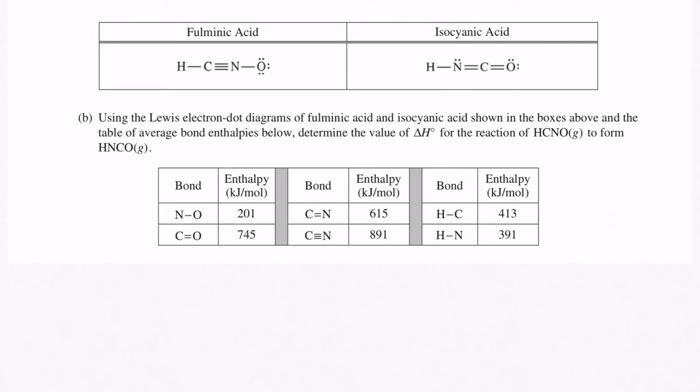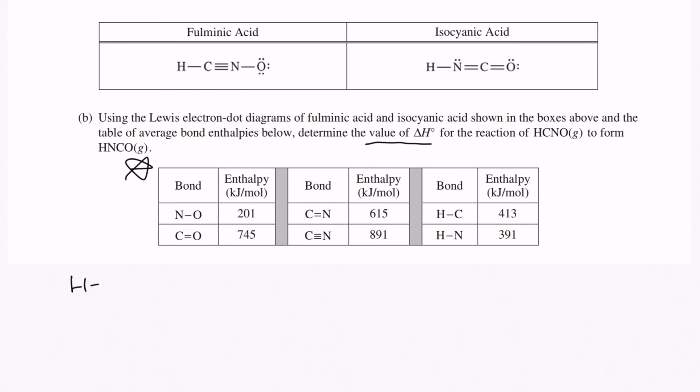For B, it asks about the value of delta H. So in this graph, it gives us the enthalpy of the bonds, so we just have to plug that in.